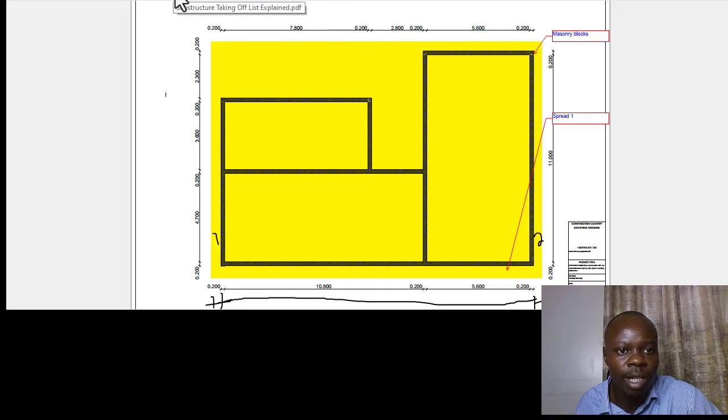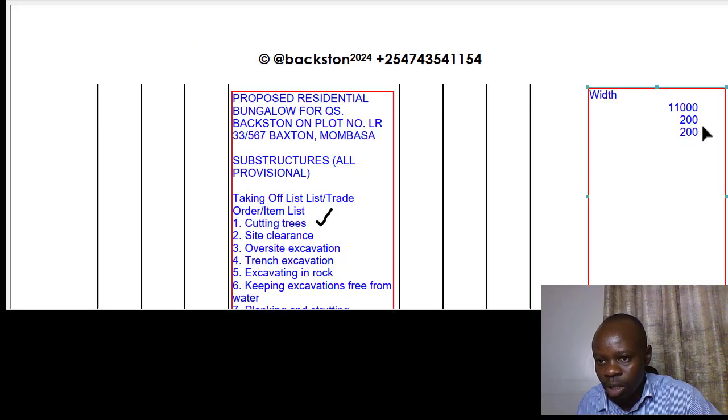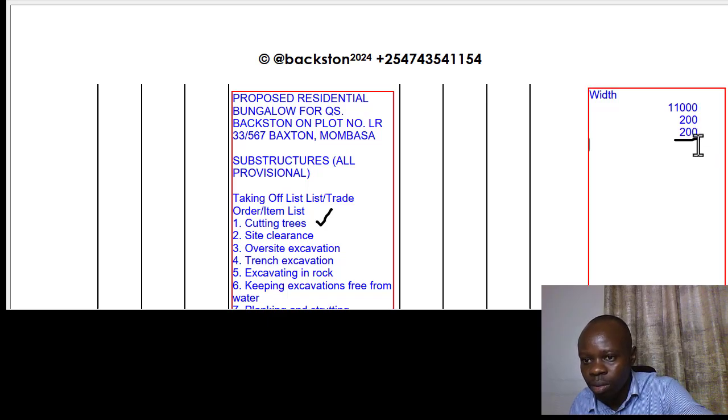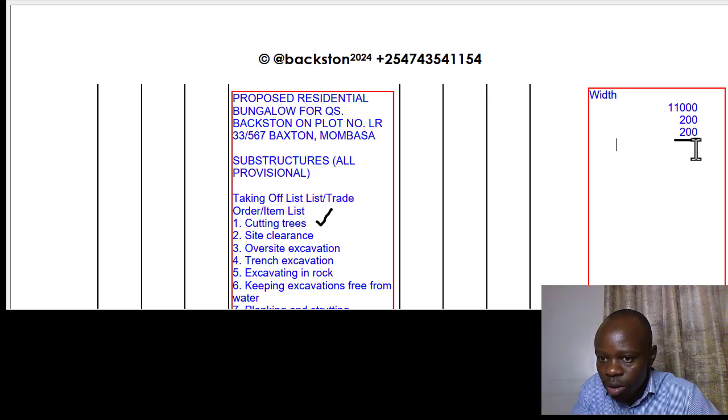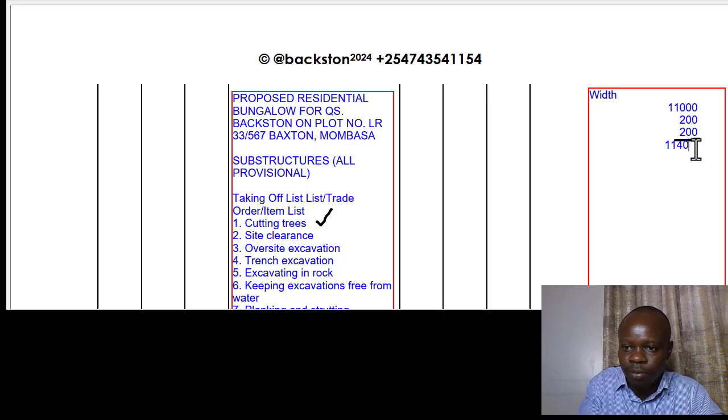So once you have that, then you will also adjust from what we've already calculated. So we get the total of this. Just underline. So 11,400. So the total width is 11,400.